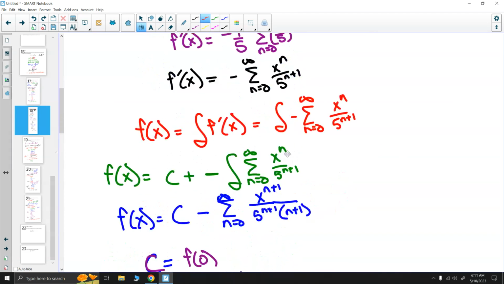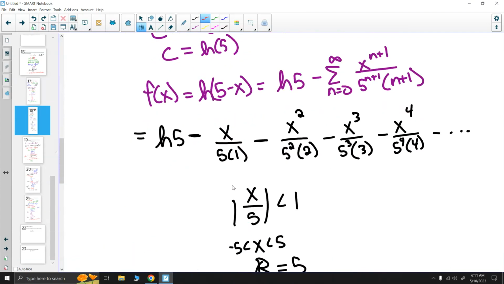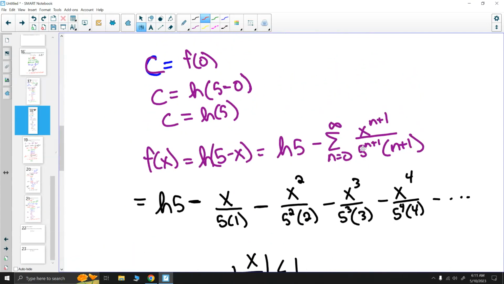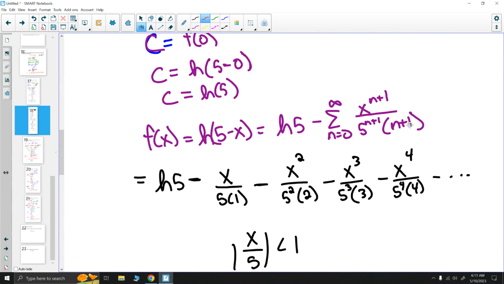And so instead, what we do is we write it as a power series. So ln here is written as a power series, and then we could just integrate that thing if we needed to. The integral of this just follows the same rule of integration. If we integrated this, it would be x to the n plus 2 over 5 to the n, times n plus 1, n plus 2.